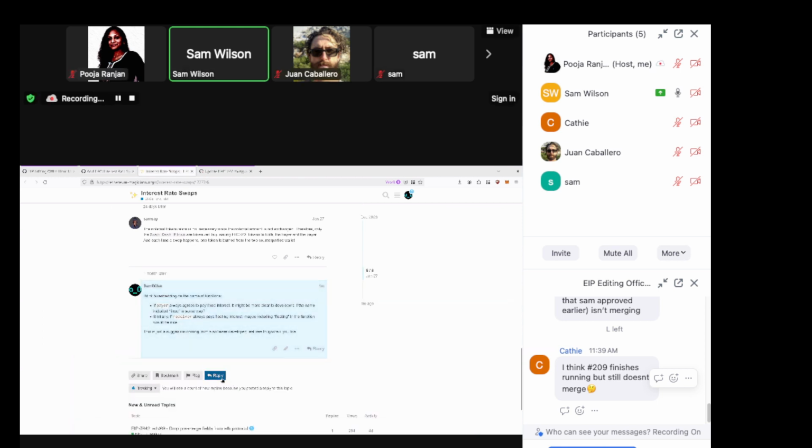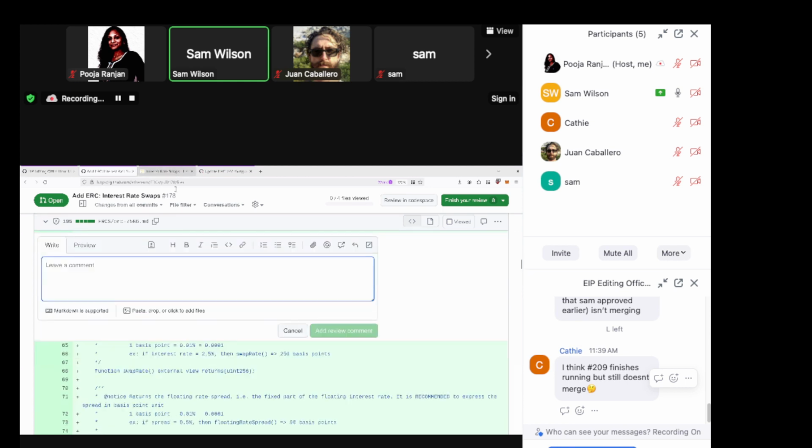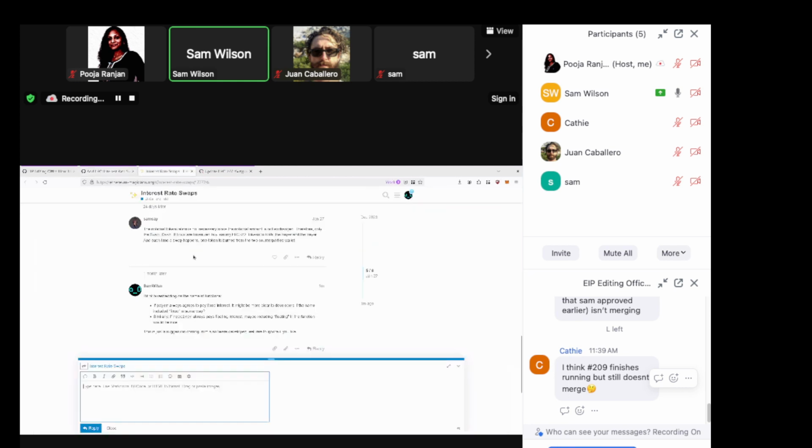Okay, then we have another comment here, which is on swap rate and spread.